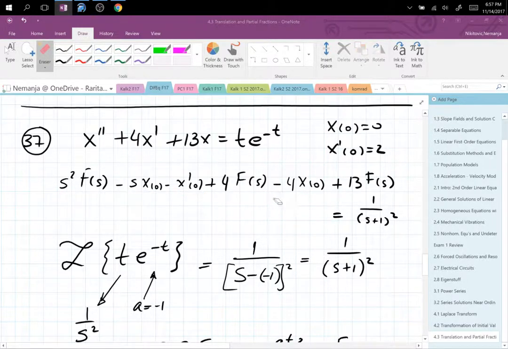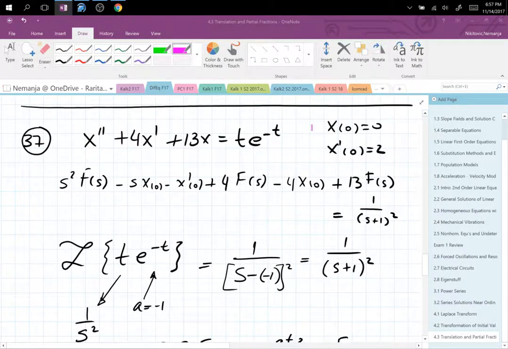And then we need to do a transformation for t e to the negative t. Now, that t to the n, e to the at, is included on this chart. But it's not included in the chart that I'm providing for the exam. So you cannot bank that you will see this one on the chart as is.